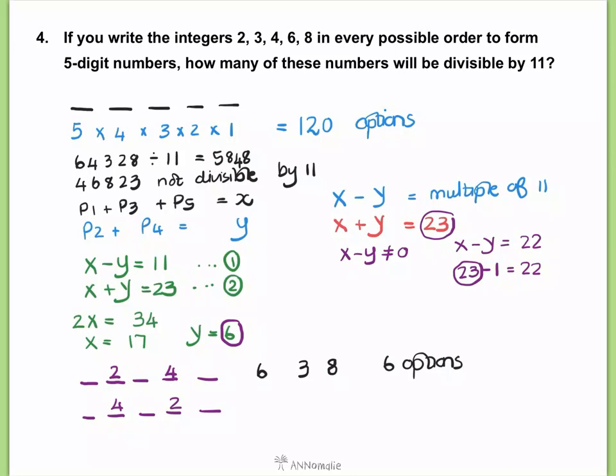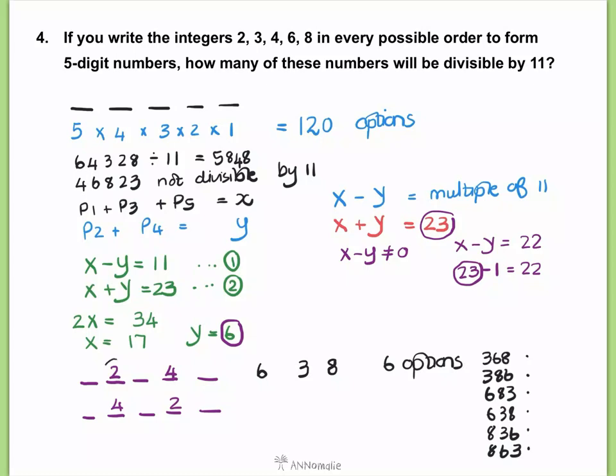Let's do this systematically: 3, 6, 8; 3, 8, 6; 6, 8, 3; 6, 3, 8; 8, 3, 6; and 8, 6, 3. 6 different options.